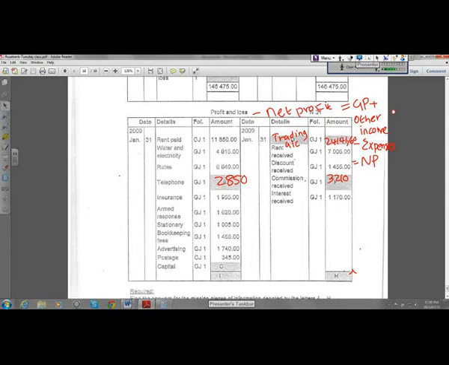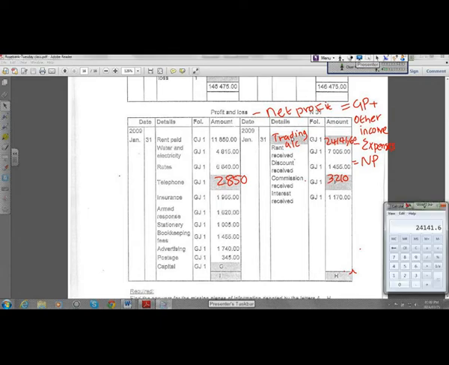Firstly, let's complete this one by just adding up the totals. We start with this side. You're going to say 24141.6 plus 7005 plus 1455 plus 3210 plus 1170 equals, so that's our total.